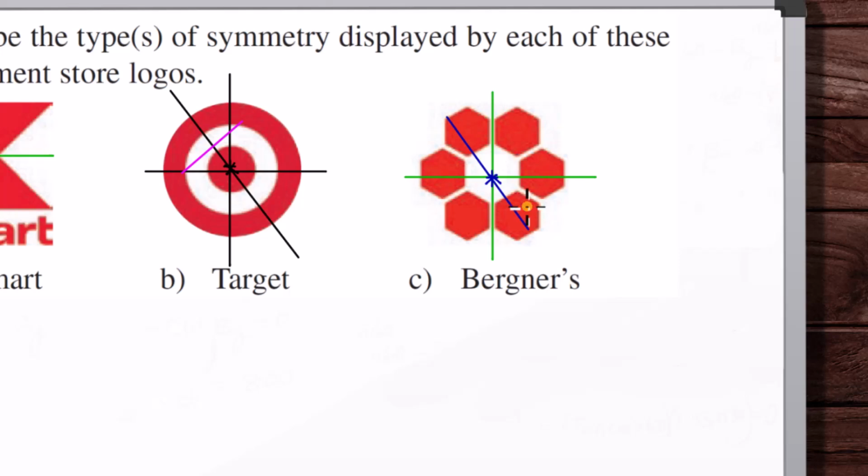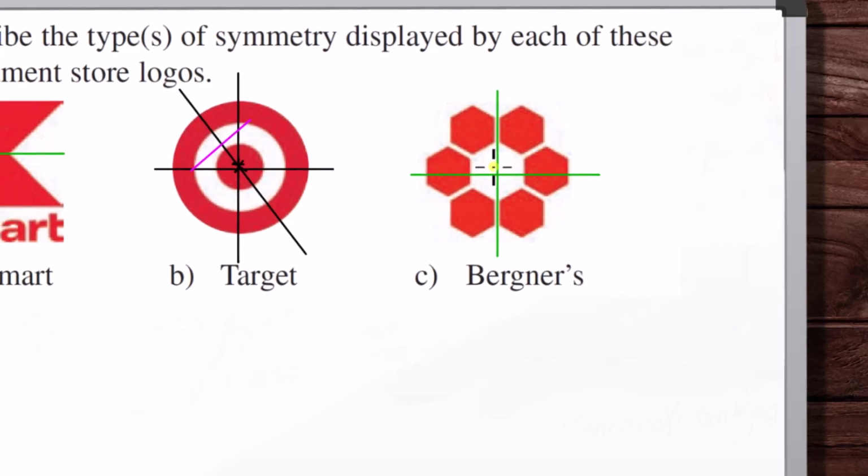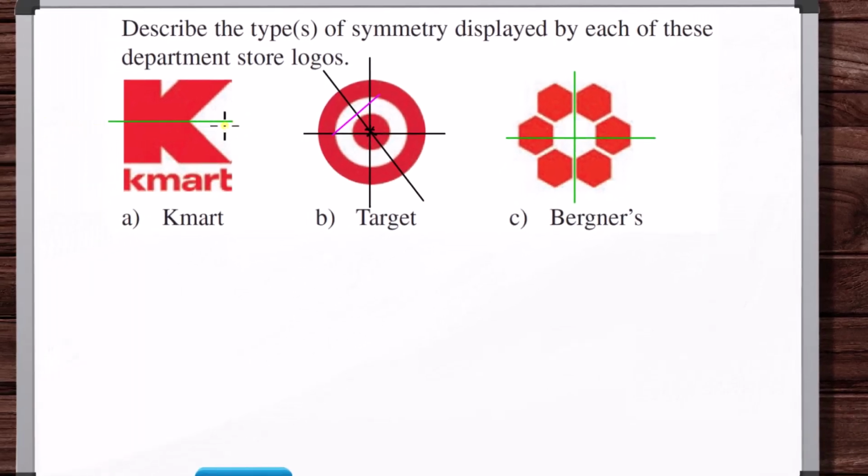Are there any other lines of symmetry? So would a diagonal here, something like this, be a line of symmetry? So no. I mean, okay, what corresponds to this point right here? Doesn't have a corresponding point. So that should be it. These two lines of symmetry and a point of symmetry. So we've got a horizontal line of symmetry here, and that's it.